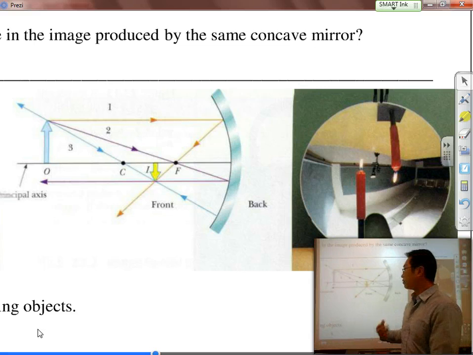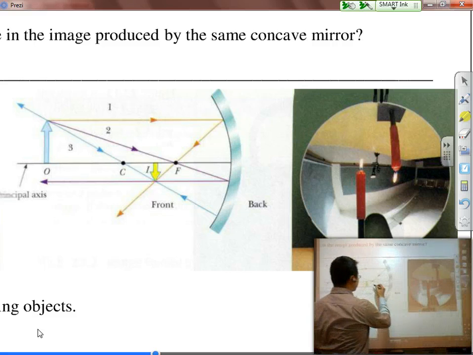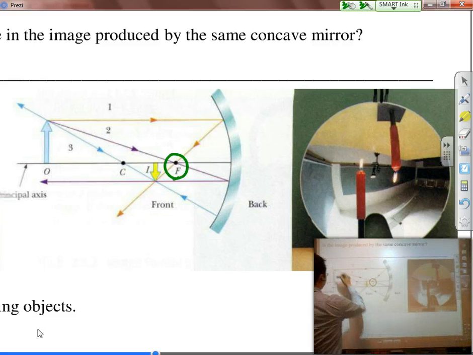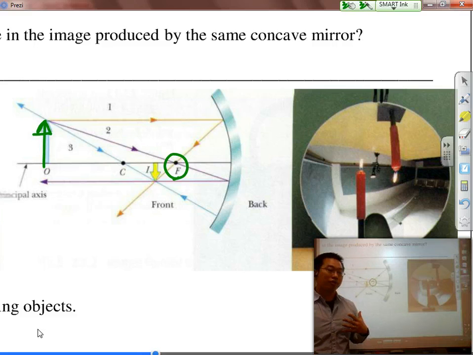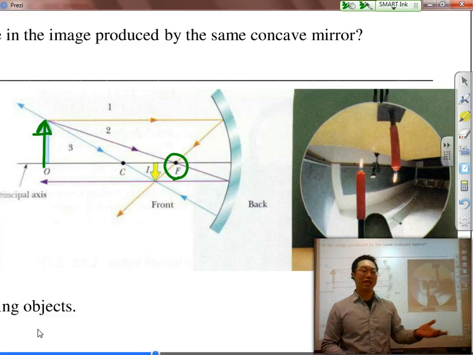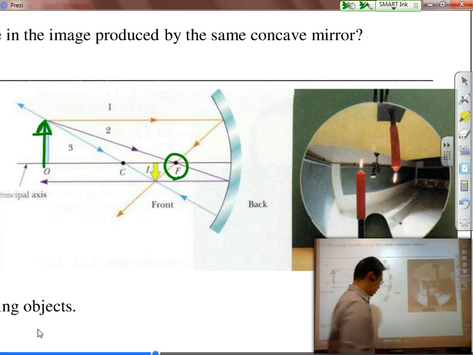When the object is further past the focal point, so if you guys note, here's the focal point, and the object is all the way back here. Okay? When the object is held behind the focal point, it creates a real inverted image. Okay? And that's just the way that the lines are going to draw out, and that's what we actually see.